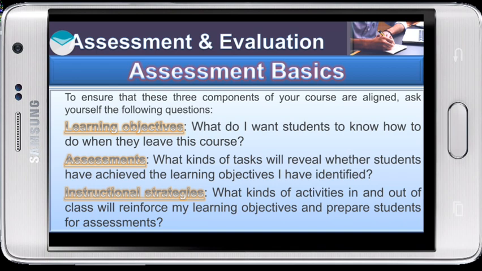homework. And if we need to order these three components, what is the first one? The learning objectives, and then instructional strategies. The third one is the assessment. And assessment, I can call it the reflection. We have two terms, reflexiveness and reflectiveness.